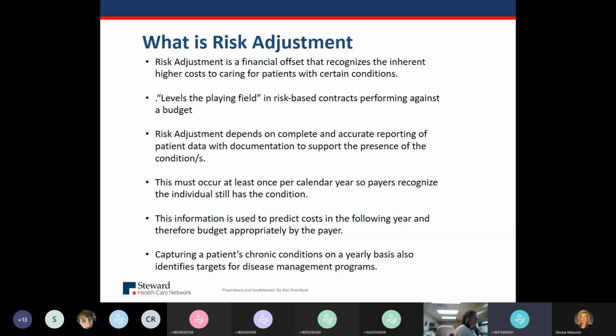Capturing a patient's chronic conditions on a yearly basis helps us identify, within the network but also within the payers, who has a chronic condition that may need disease management programs. We have those within Steward, but the payers have those as well.